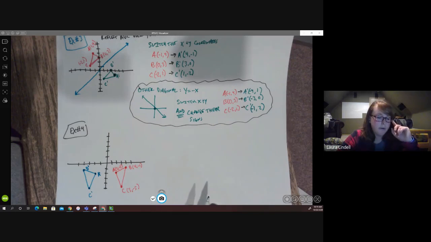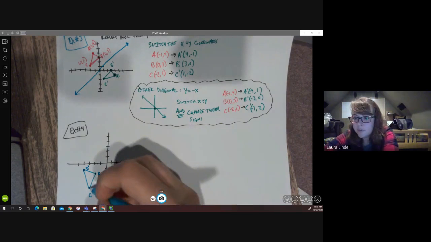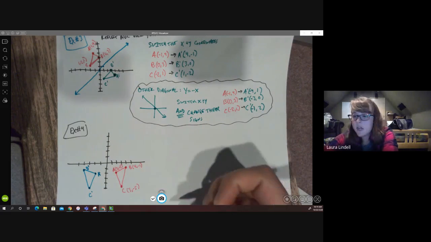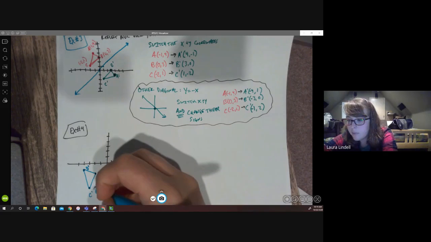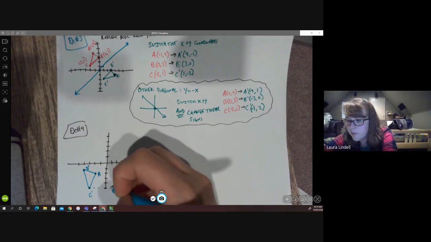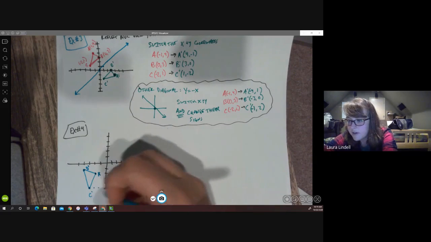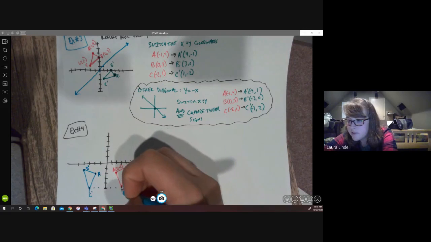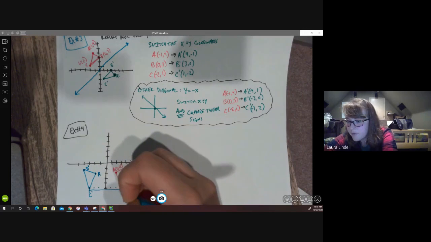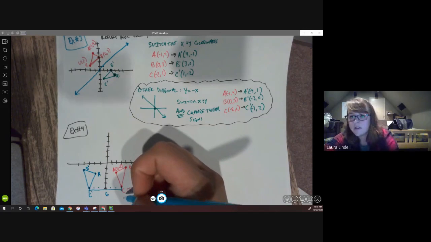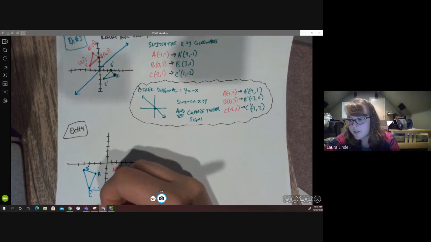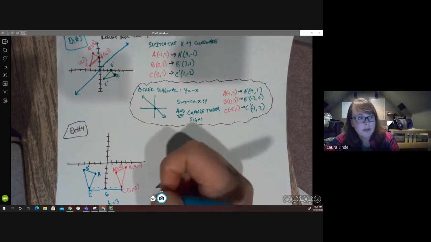Okay, so there's a couple ways to do this. The first way is you can count how far it is between two of the corresponding points. So I could count over and go, okay, 1, 2, 3, 4, 5, 6. There are 6 units from C to C prime. So if I take that difference and divide it by 2, that gives me 3.